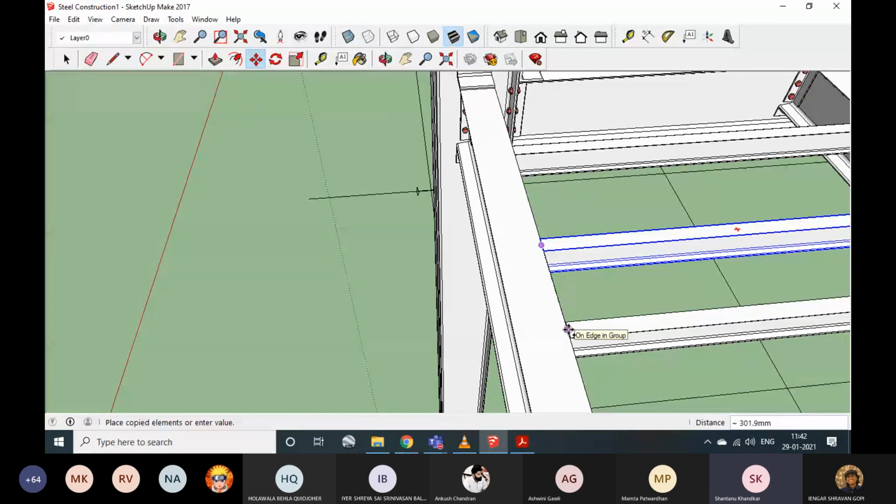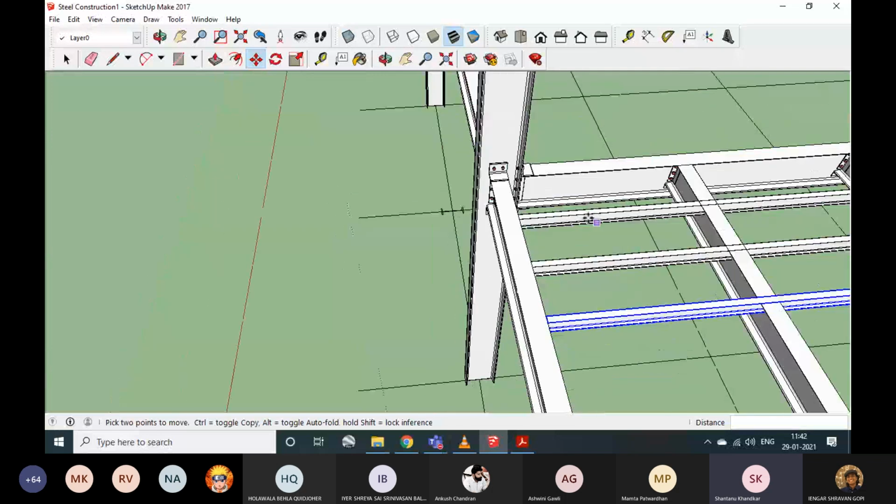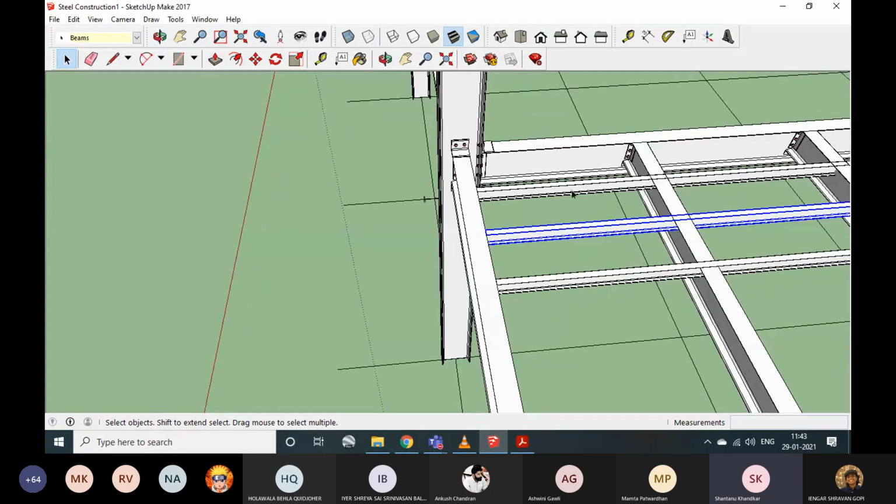The reason is that if you are doing a timber floor on top of this, or even if you're doing a stone tile floor on top of this, the stone tiles can't span more than this distance that you can see between these two joists, right? So you would have to have these members here to support those stone tiles or the timber flooring.